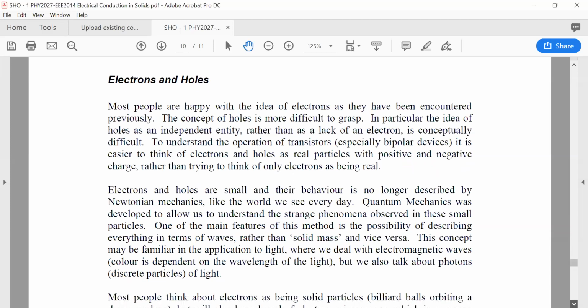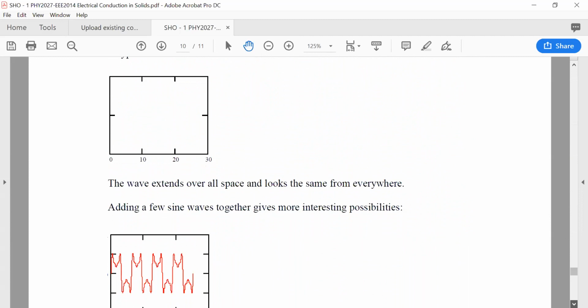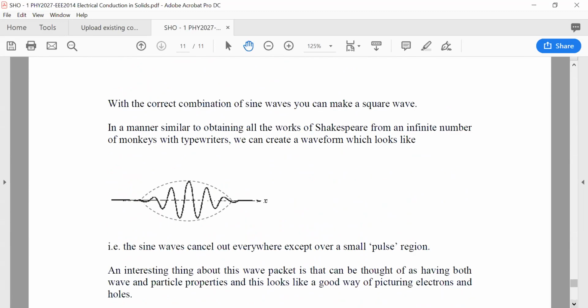So I'm just going to scroll down, if you can read this through. But if you imagine charge carriers as having a waveform such as this one shown here, then you can see that it's got a wave packet, which means it's got both wave-like properties, being from a sine wave, but it also exhibits particle properties too. It forms a small individual pulse.